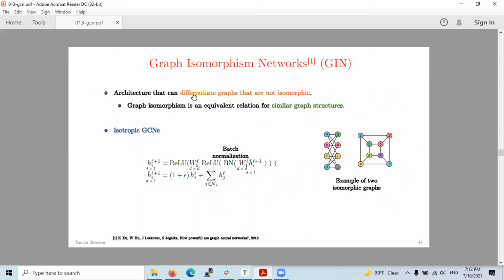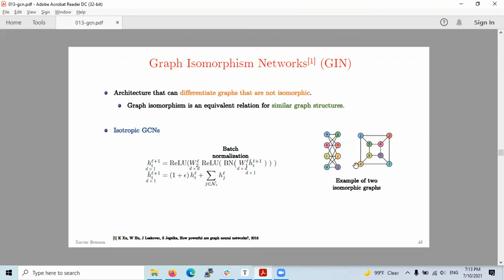In this, he again goes on to explain something called graph isomorphism networks, GINs. Here again, he talks about how isomorphism is not an equivalence relation for similar graph structures.